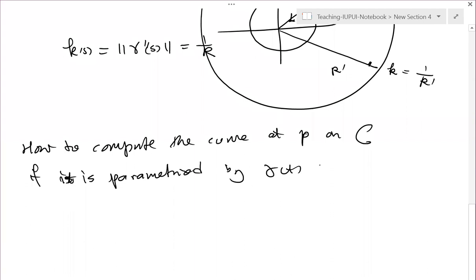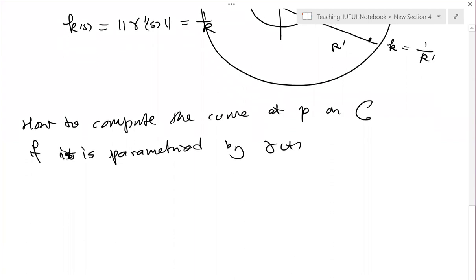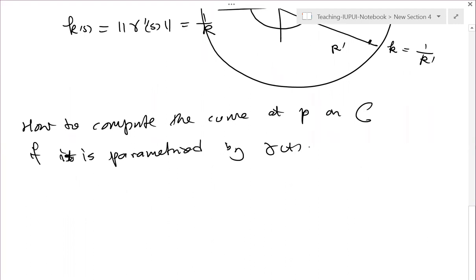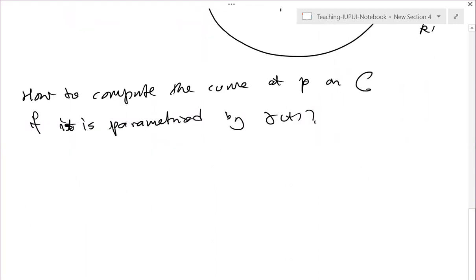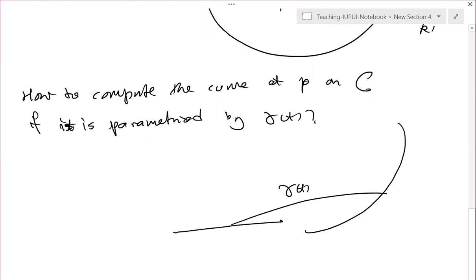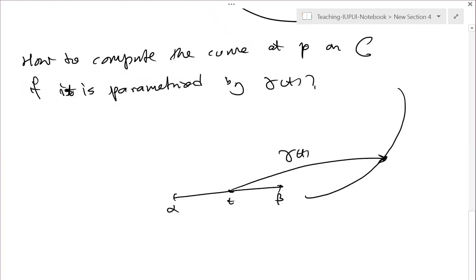Okay, so how do I do that? You have to solve this problem. This is a curve, and I have gamma of t here on the interval alpha, beta. If you have to find a new parameterization, then it's almost impossible.